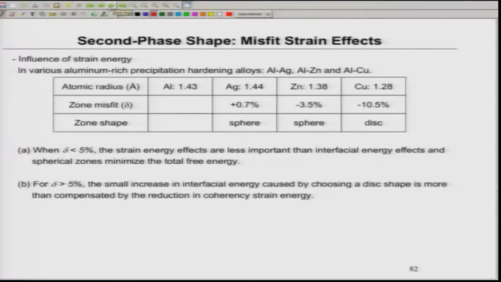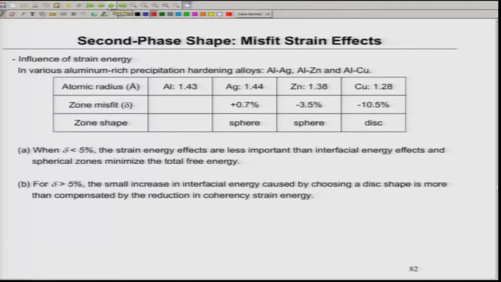Well, as you see here, misfit strain effects are very large. Suppose aluminum has an atomic size of 1.43 Angstrom, and silver has 1.44. Therefore, the misfit is 0.7%. This is very small, but it is positive.